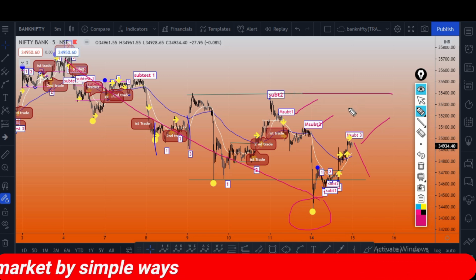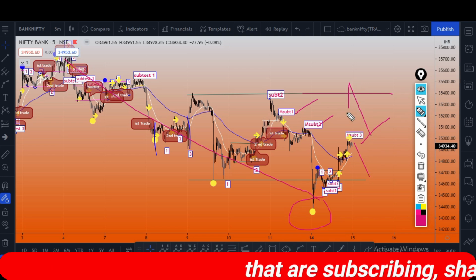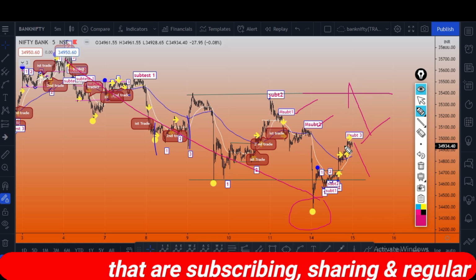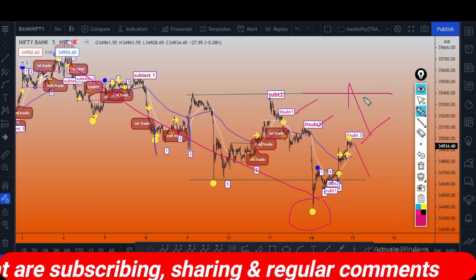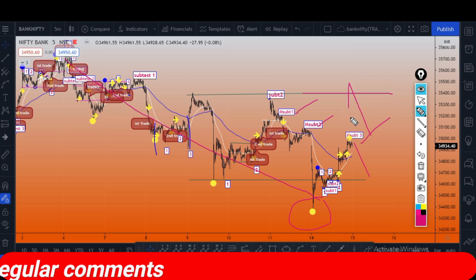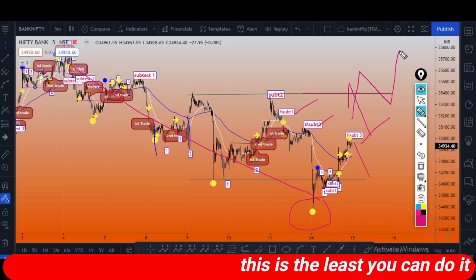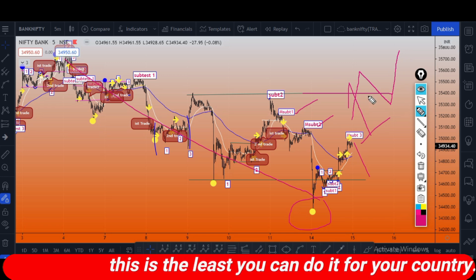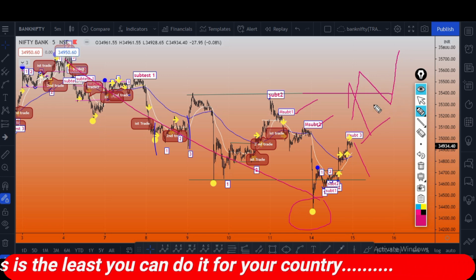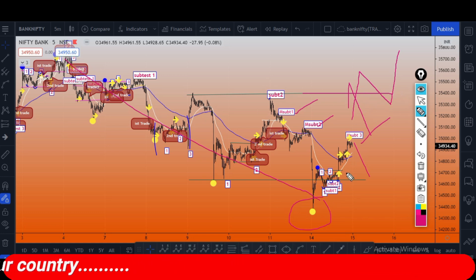If the price takes out this level and doesn't come back, then a subtest 3 point will be at this level. If price takes out like this and tests it and then resumes upside, then this point will be the change of this cycle.